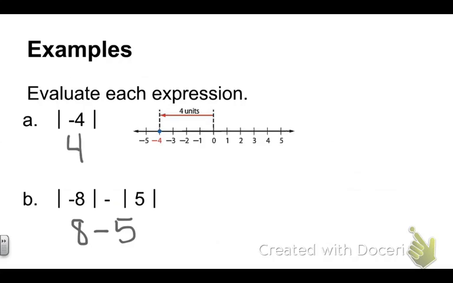So now we can just simply do that math. It's 8 minus 5, which is 3. Some of you might be saying, oh, it's always going to be positive, and that's not the case, and we will do some trickier stuff in class with that. But I just want you to be aware, it is not necessarily always positive.